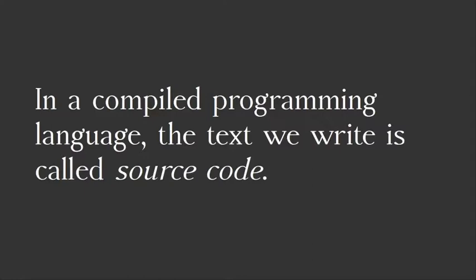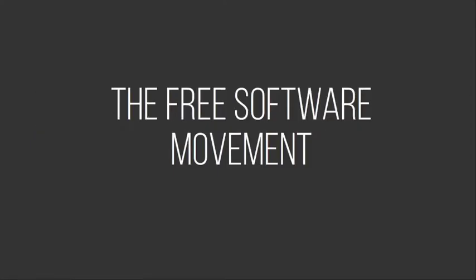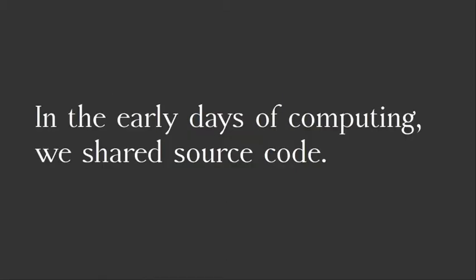But let's go back a little bit to a time before the open source movement. Let's look at the free software movement. Now, in the early days of computing, we shared the source code we created, much in the same way that students and academians put up their papers for peer review.